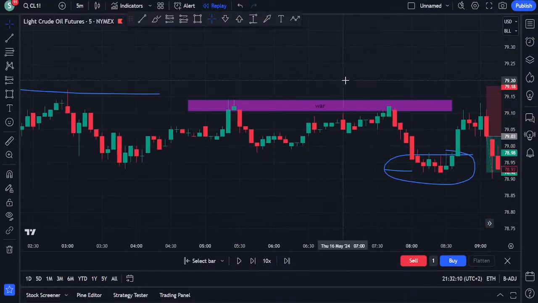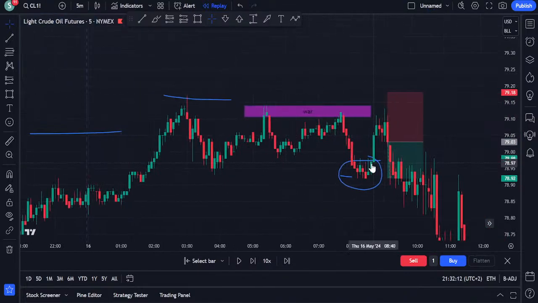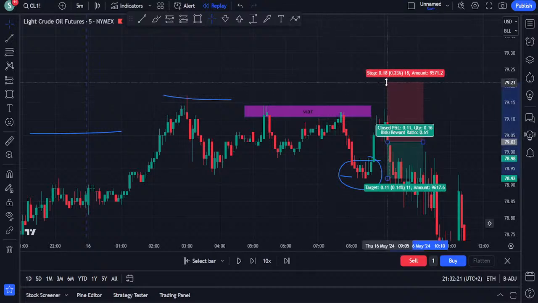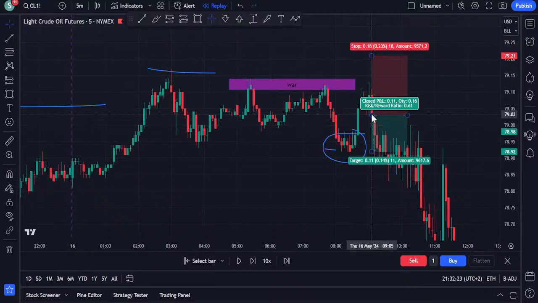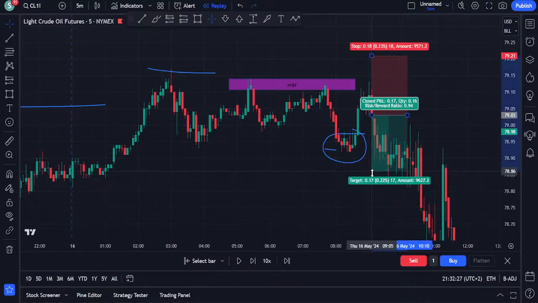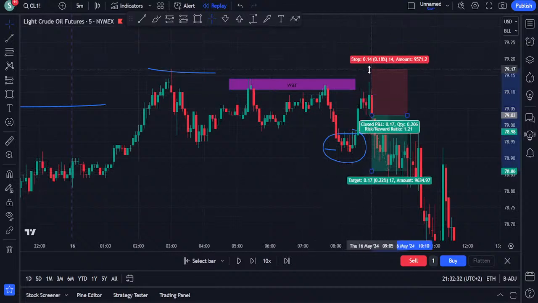Where is the high? Let's see which one. For this one actually I was a bit tired. I think I went here to the top. In reality it should be up here, stop for the idea. And for the 1-to-1, I was targeting this area, that's why. Yeah, I did this.